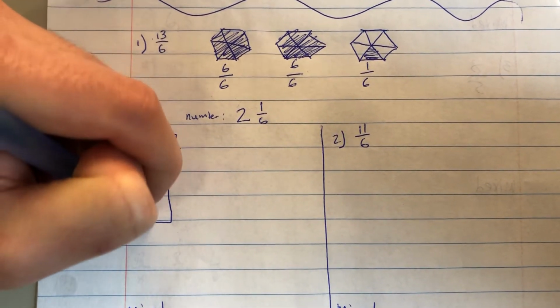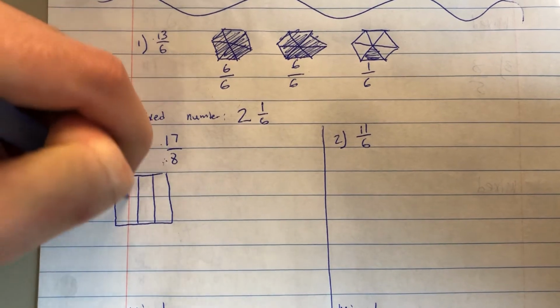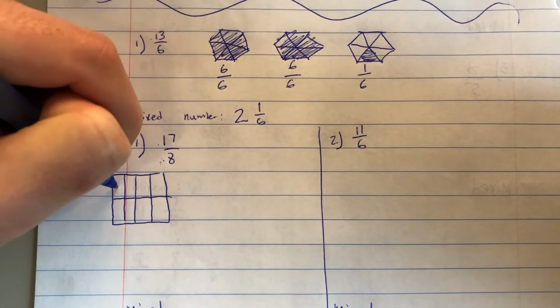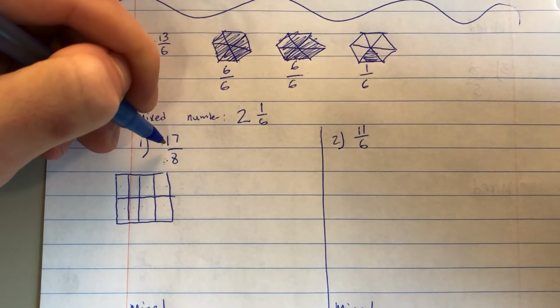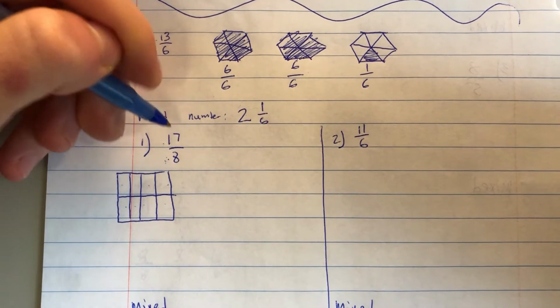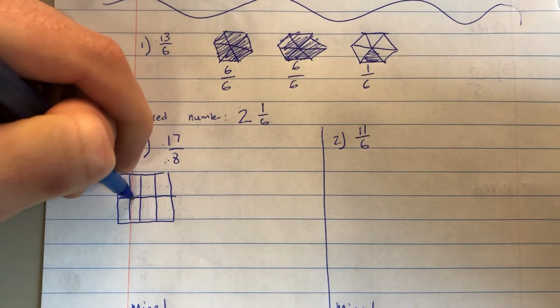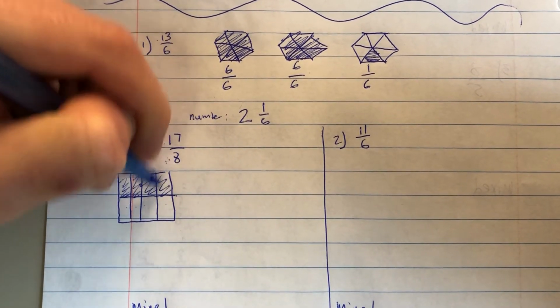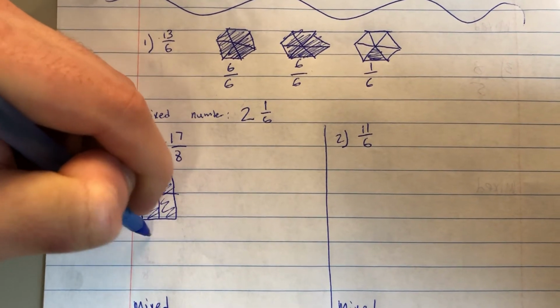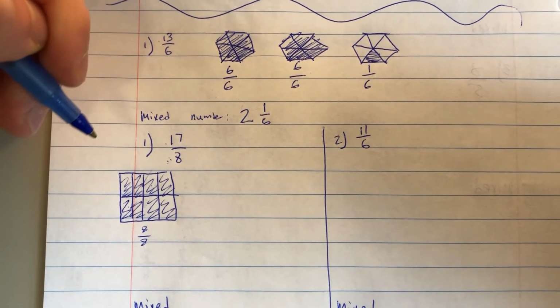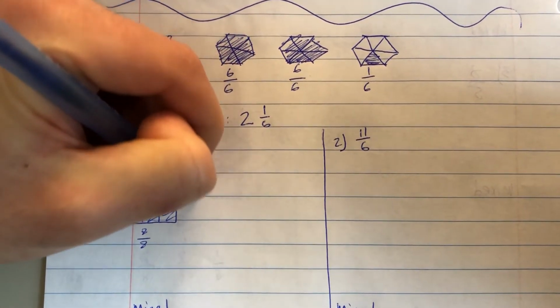So 1, 2, 3. And I break this in half. 1, 2, 3, 4, 5, 6, 7, 8. Now I'm going to count up and see how many times it takes me to get to 17 shaded parts. 1, 2, 3, 4, 5, 6, 7, 8. This is 8/8. Not yet at 17. So I'm going to make another box.